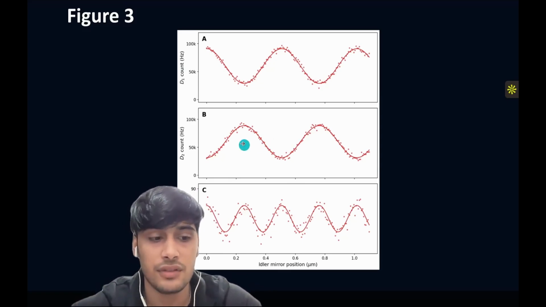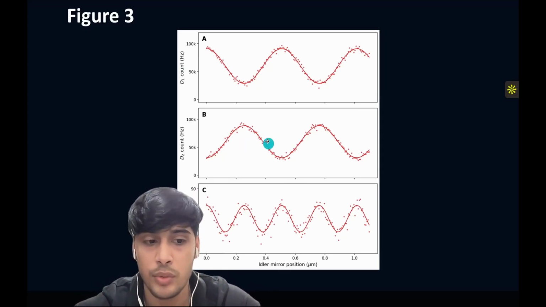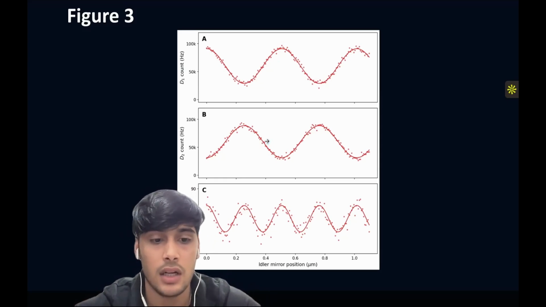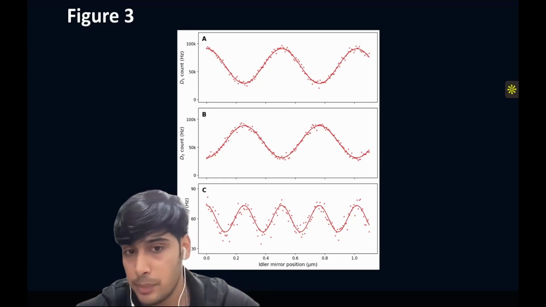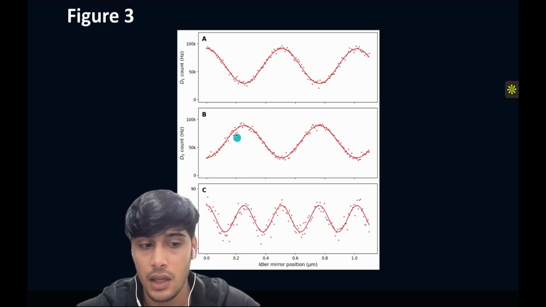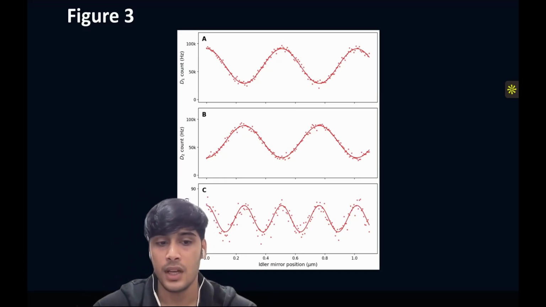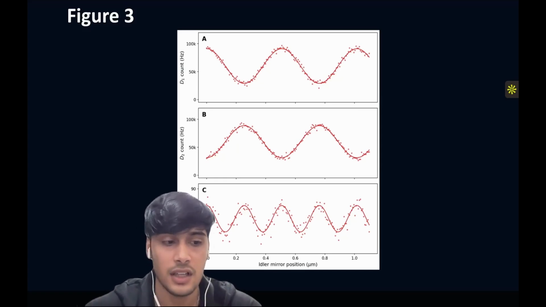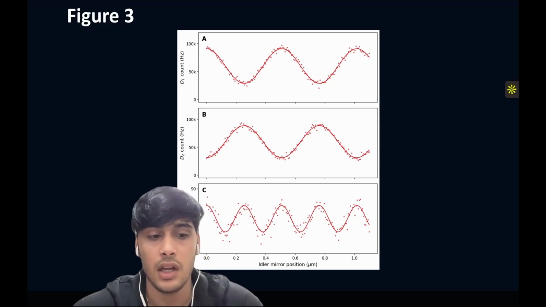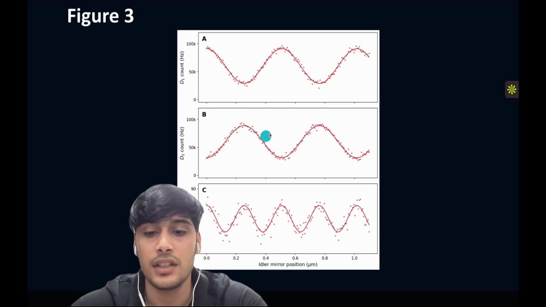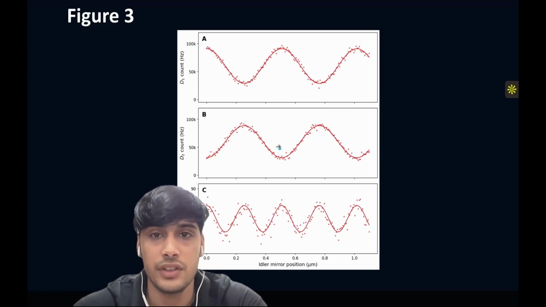The middle panel shows D2, the other output port of the beam splitter. Notice two things. First, the period is identical, still 1016.4 nanometer, as it must be, since it's the same idler phase driving the modulation. Second, and this is important, D1 and D2 are exactly out of phase with each other.